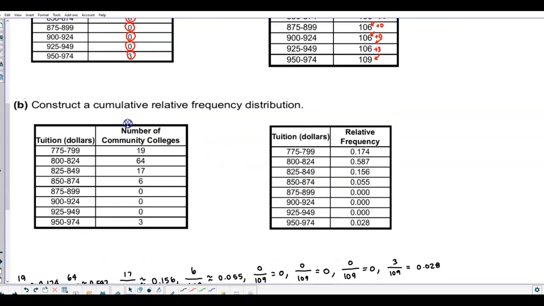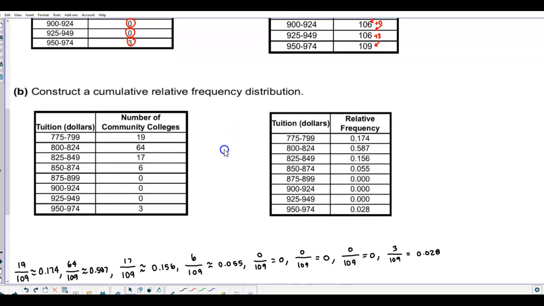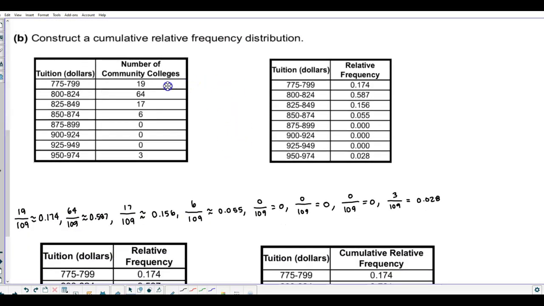Now we want to construct a cumulative relative frequency distribution. Before we do that, we need to first create a relative frequency distribution, which is what we did a few sections ago.